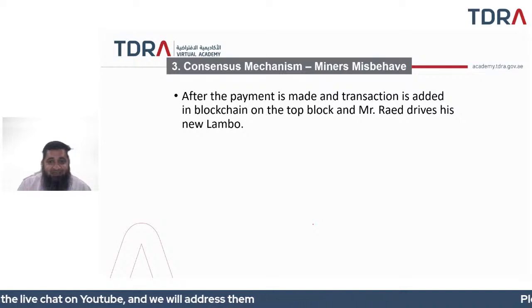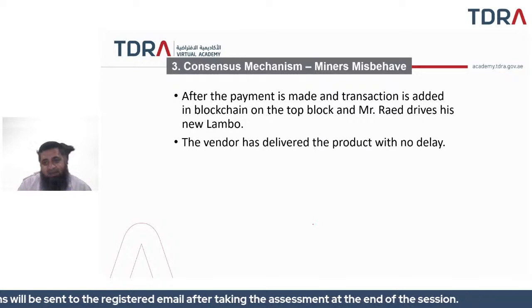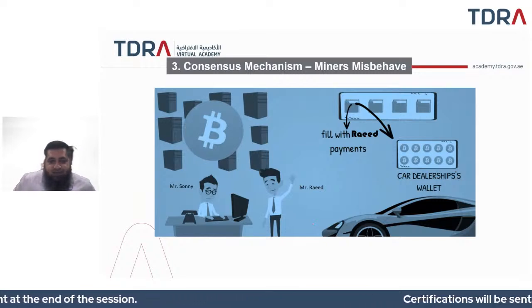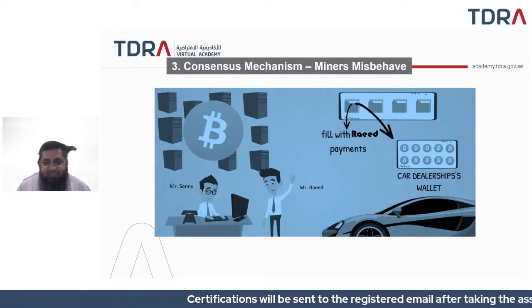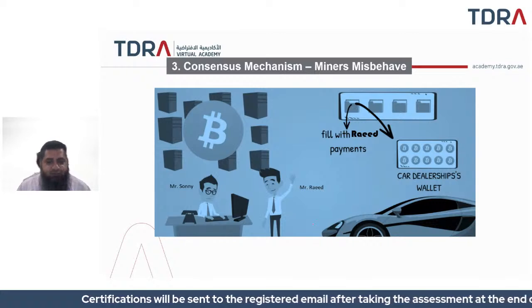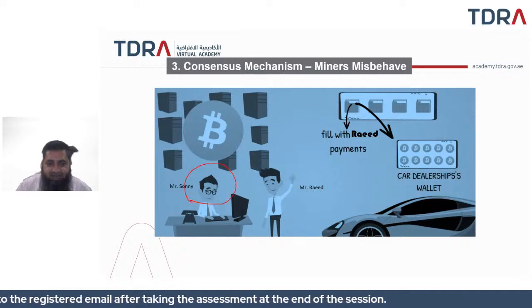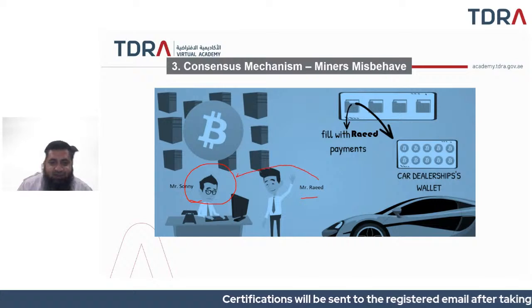That person can have the car by paying 10 bitcoins, and they may also have a connection with some other person working on the back servers, a miner who is going to pick up the transaction of that person quickly and add it to the blockchain.